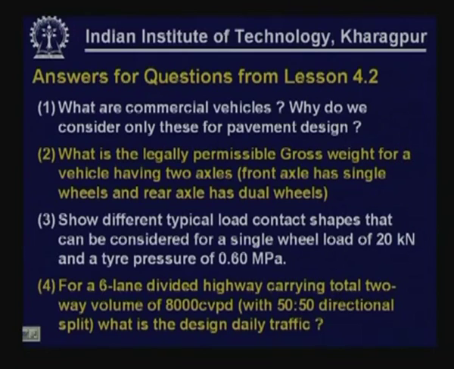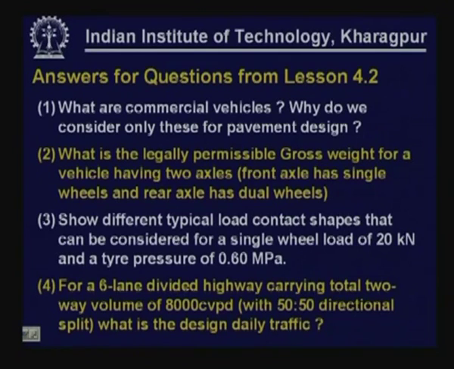For a 6-lane divided highway carrying a total two-way volume of 8,000 commercial vehicles per day with 50-50 directional split, what is the design daily traffic? So we have a divided carriageway, it is a 50-50 directional split. So in one direction you will have 4,000 commercial vehicles per day.